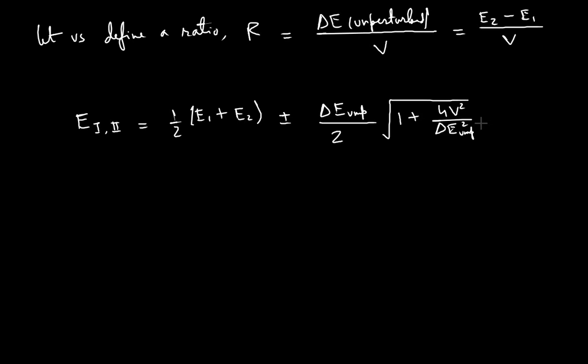We can rewrite this as half of E1 plus E2 plus minus half of delta E unperturbed into the square root of 1 plus 4 by r square.